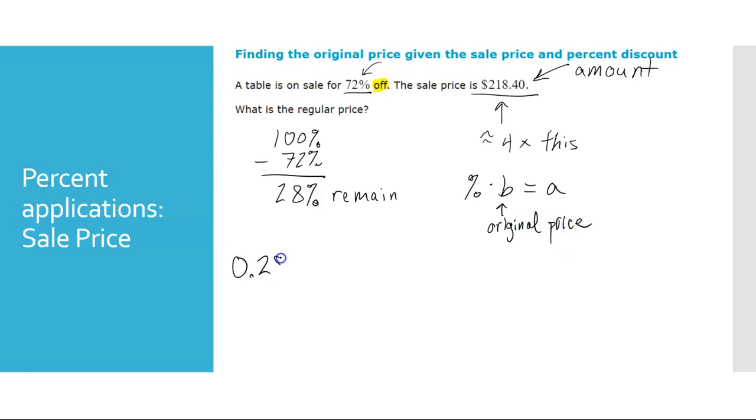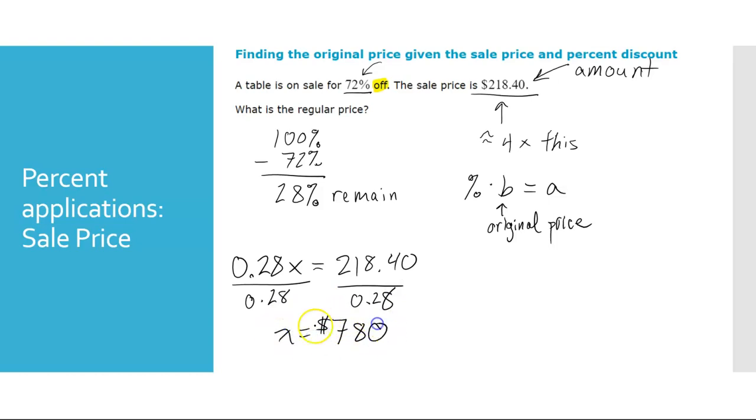We have 0.28 of X, let's say, for the original price of the desk, equals 218.40. Once we have this, we're almost home free. We just need to solve the equation. Divide both sides by 0.28. And I found that the answer was $780 on the dot, which is about what we would expect.